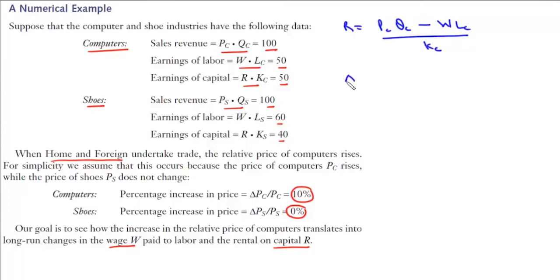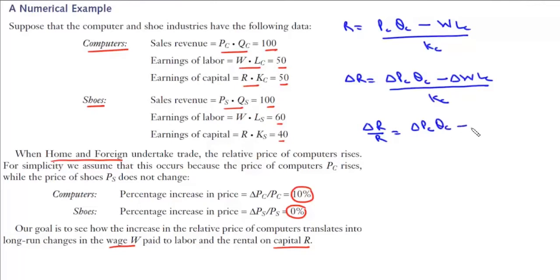So we can write delta R will be equal to delta PC into QC minus delta W into LC upon K. Now we are interested in percentage change, so we'll divide it with R. So delta R upon R will be delta PC into QC minus delta W into LC upon R into KC.